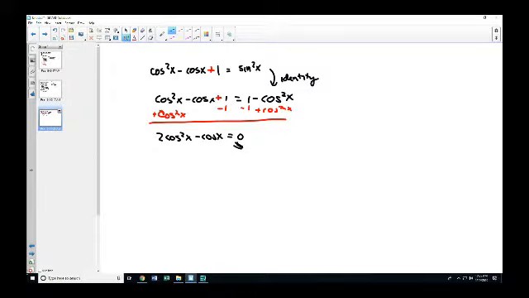One's cosine squared and one's cosine, so what can I factor out? You can put cosine on the outside. So what's left? 2 cosine minus 1.